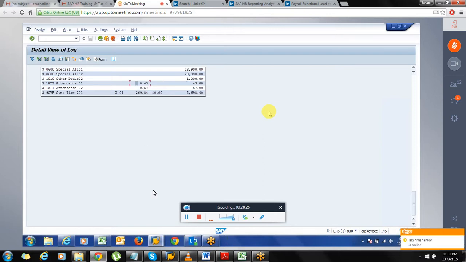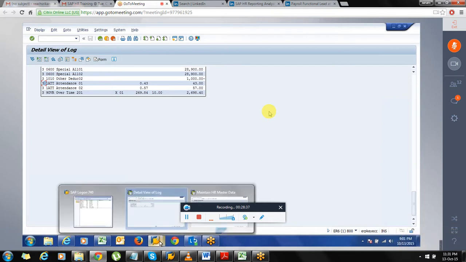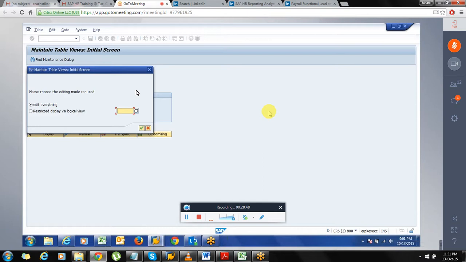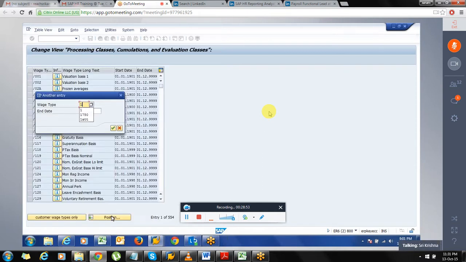Okay, when you are going for factoring related PCR for attendance bonus or such kind of issues, there are two things.